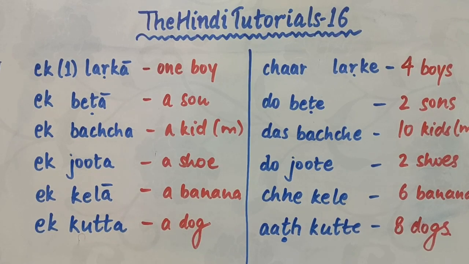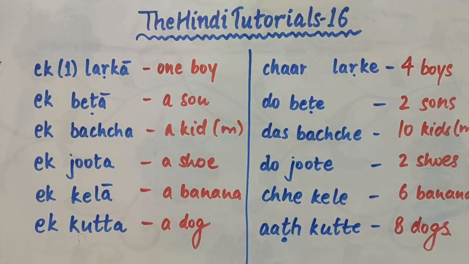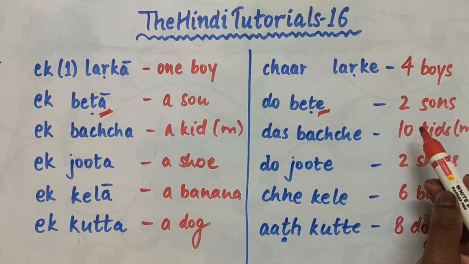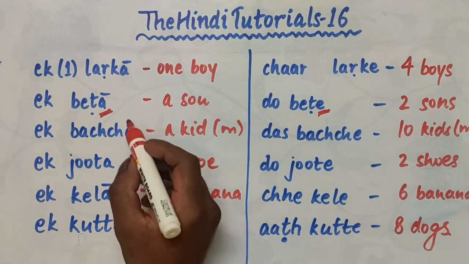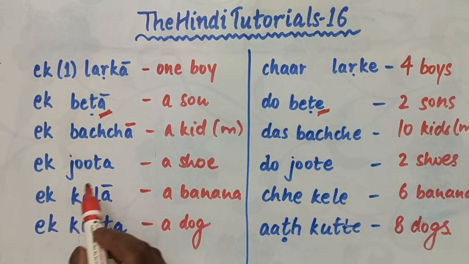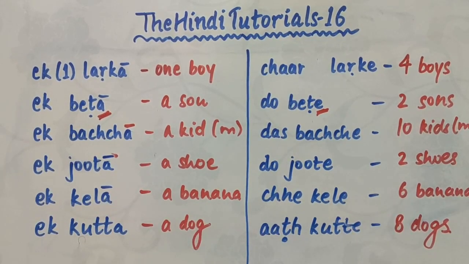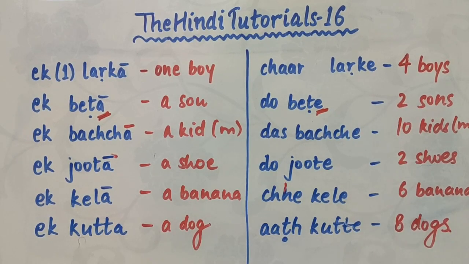Here we go. एक लड़का is 1 boy and 4 लड़के is 4 boys. एक बेटा is a son and 2 बेटे is 2 sons. एक बच्चा, a kid, 10 बच्चे is 10 kids. एक जूता is a shoe. 2 जूते is 2 shoes. एक केला is a banana and 6 केले is 6 bananas. एक कुत्ता is a dog and 8 कुत्ते is 8 dogs.